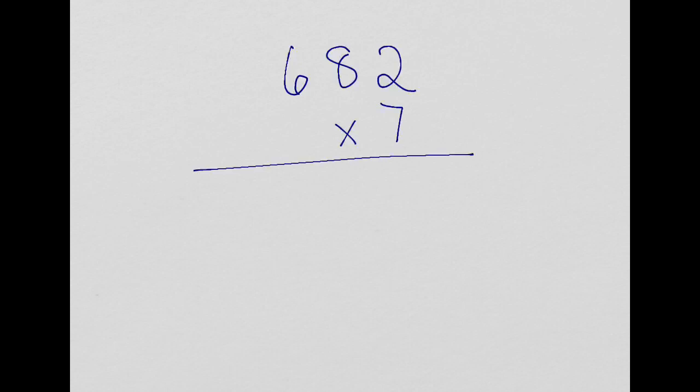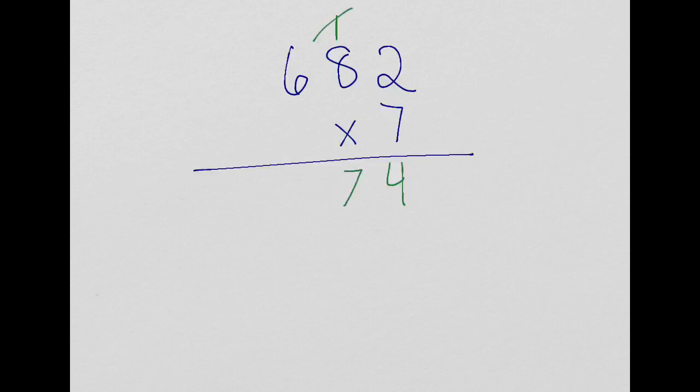All right, for this one, let's try multiplying 682 times 7. All right, so I can go 7 times 2. 7 times 2 is 14. I'm going to write the 4 from 14 and carry the 1. Now I'm going to go 7 times 8. 7 times 8 is 56, plus 1 more is 57.